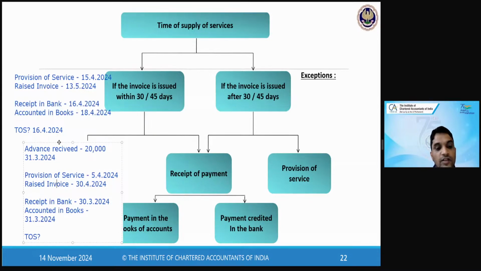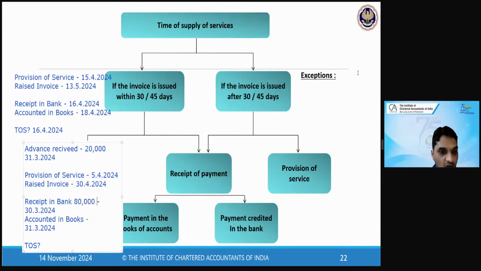And provision of service was for 1 lakh rupees, raise invoice also for 1 lakh. Now receipt in bank for 80,000 rupees. Now this is received on 30th May 2024 and I have accounted in the books on 30th of June 2024.